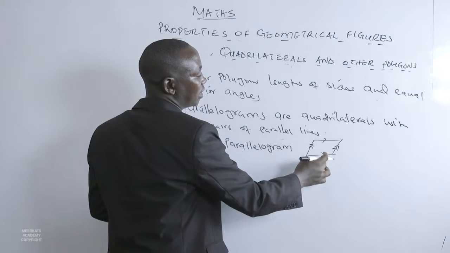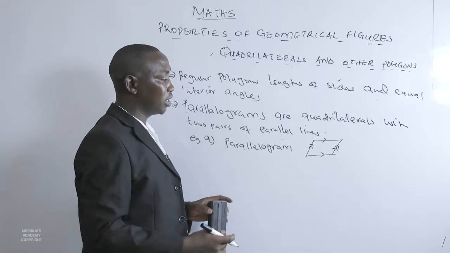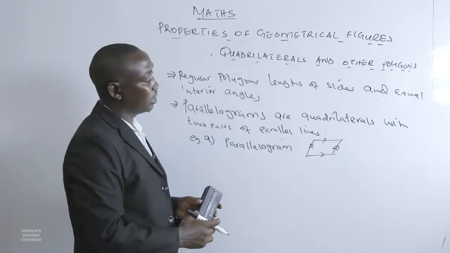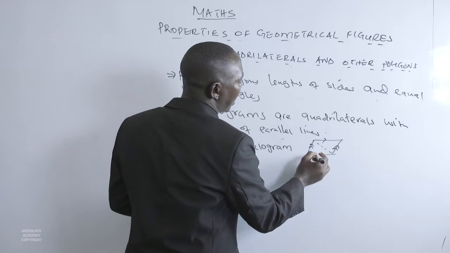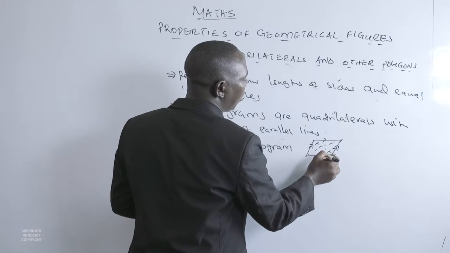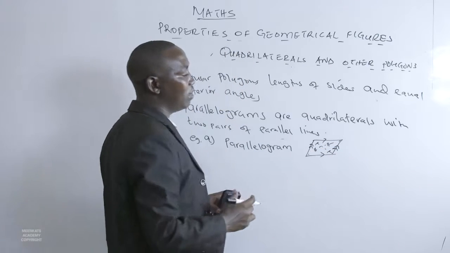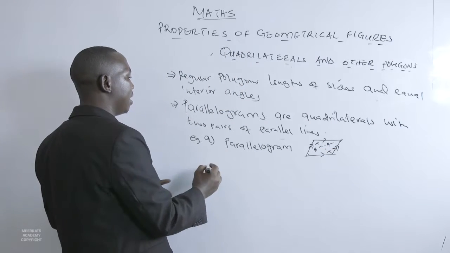These and these are parallel, these and these are parallel. So that constitutes two pairs of parallel lines. And if you were to draw their diagonals, then this side will be equal to that side, this side will be equal to that particular side.